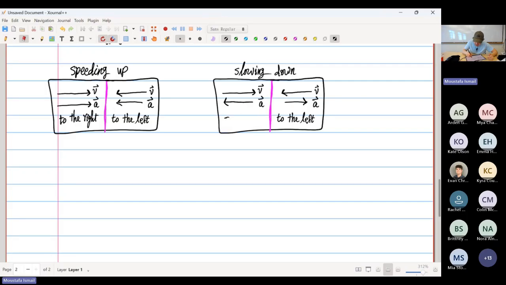So this is now slowing down, but moving to the right, and here moving to the left. So this is the physical picture. It doesn't matter if the acceleration is positive or negative. It only matters what relative direction it has with respect to velocity.